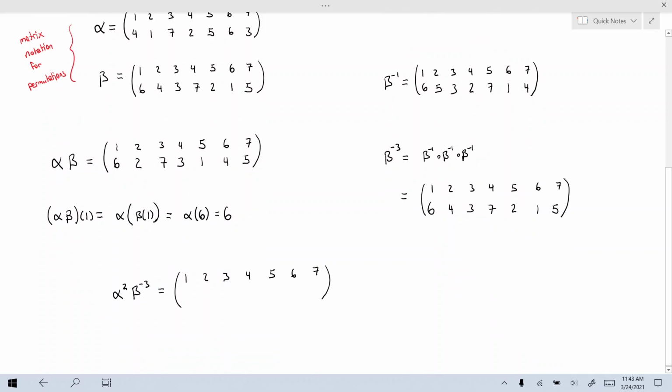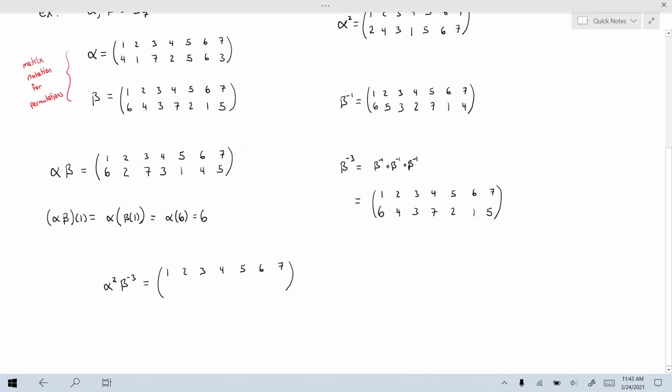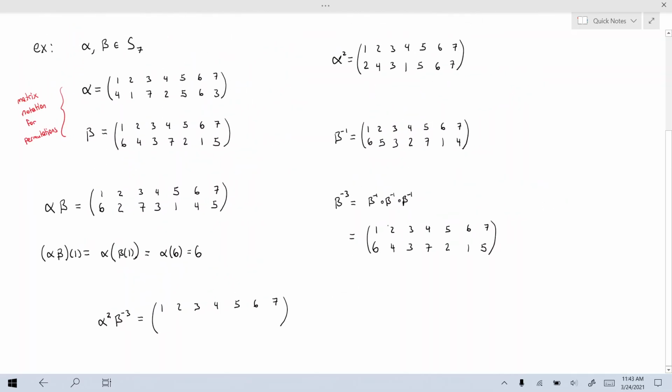First, beta to the -3 is going to map 1 to 6, and then alpha squared will take that 6 and map it to 6. Next, beta to the -3 will map 2 to 4, and then alpha squared is going to take that 4 and map it to 1.